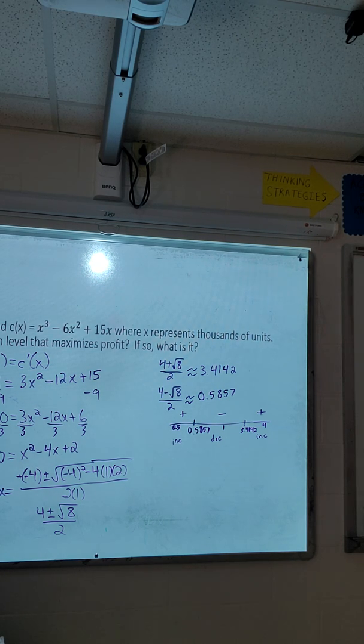Instead of doing that, let's do 9 minus 3x squared minus 12x plus 15. And now plug our test points in of 0.5, 1, and 4.